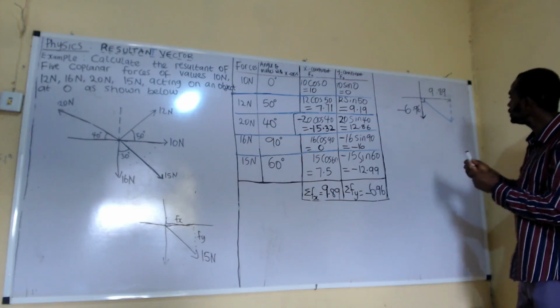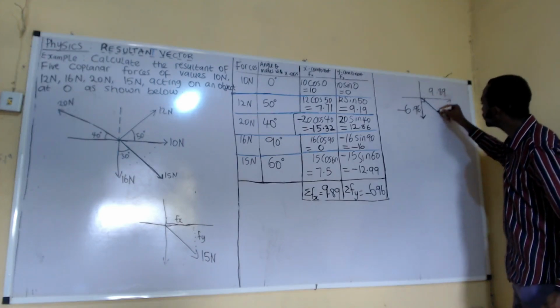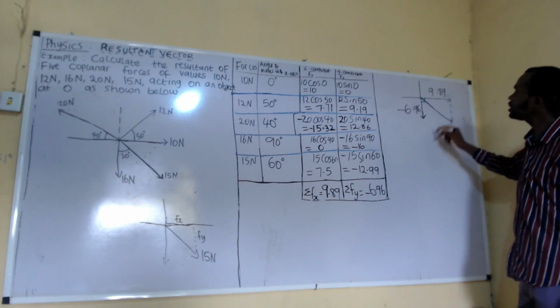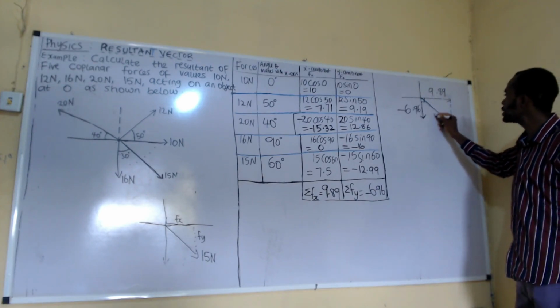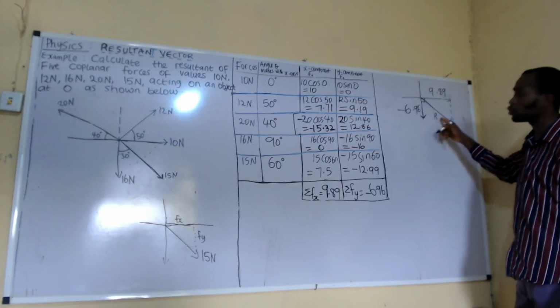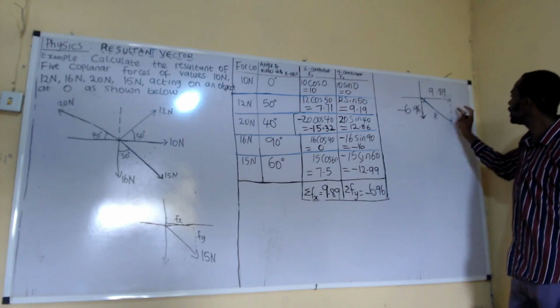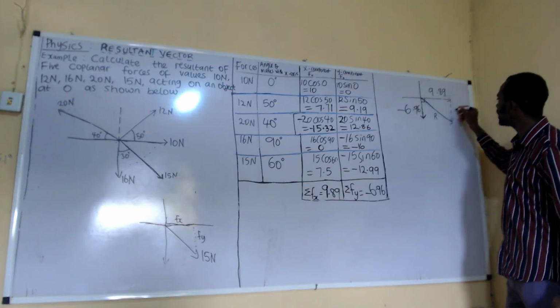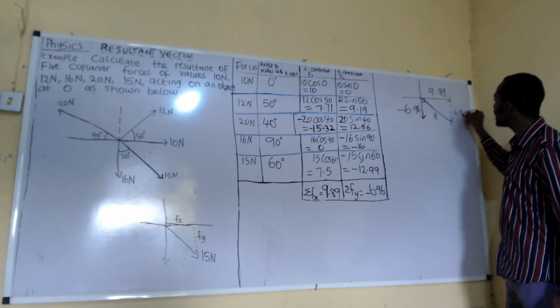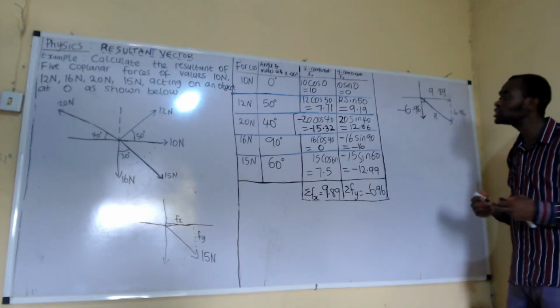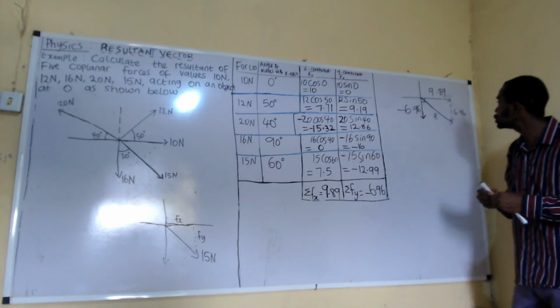When you join these together, this will be your resultant vector, which I denote as r. Good. Here and here is equal. So here is the 6.96. The minus is to tell you the direction.